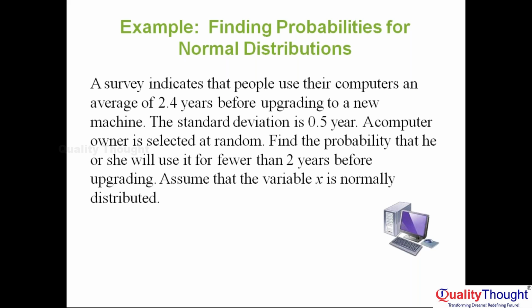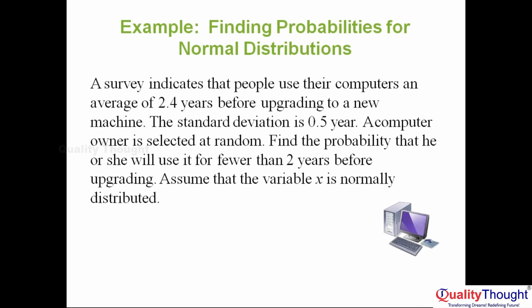So they're asking us to assume the variable x is normally distributed. We already know that the average usage of the computers is 2.4 years. The standard deviation is 0.5.